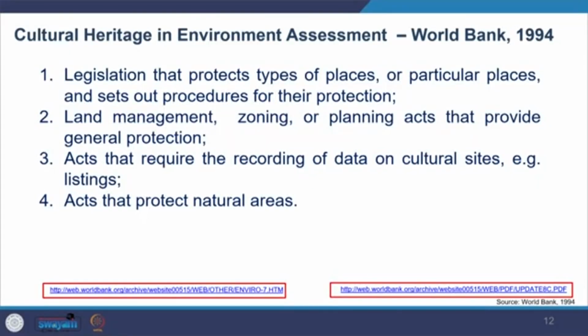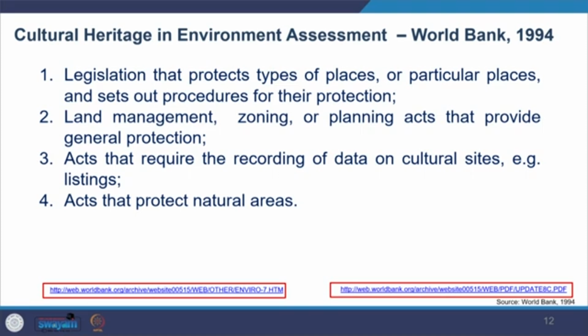Looking at the World Bank document and reference, we see that there are four major types of legislation which are identified, and generally we see them at the national level. These four types include legislation meant for protection of different types of places or any unique particular place and sites, and there are procedures for their protection.